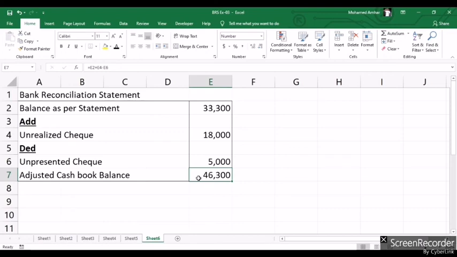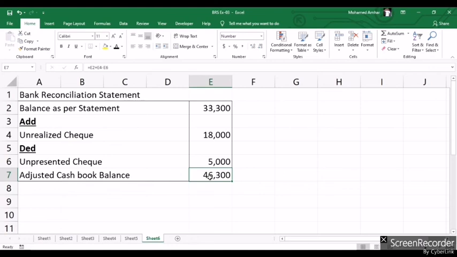But as it is not realized, it is not included in the statement balance. As soon as it is realized, the bank will add it. So it should be added, and if the 18,000 is added to the bank statement balance, we get the cash book balance.